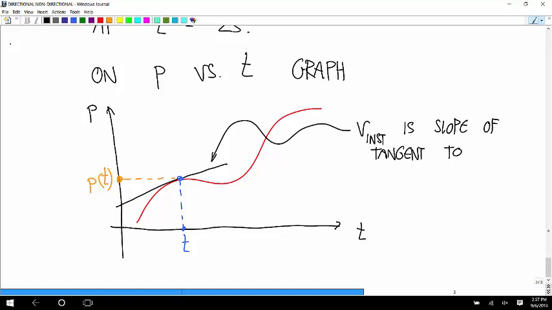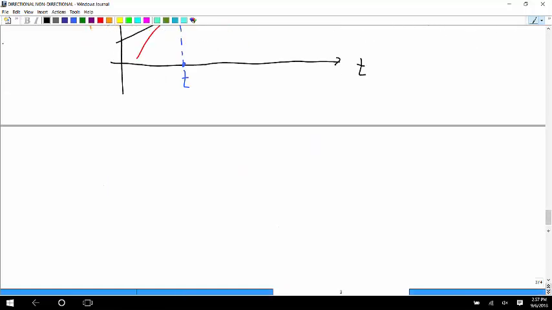So the instantaneous velocity is the slope of the tangent to the position versus time graph at t. Okay. And then the two things to notice.